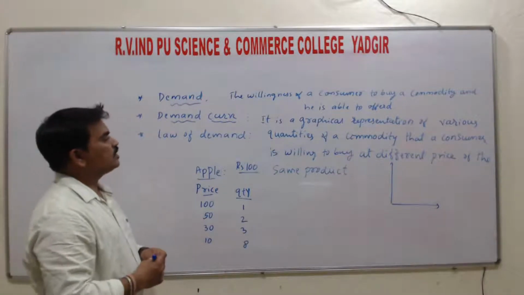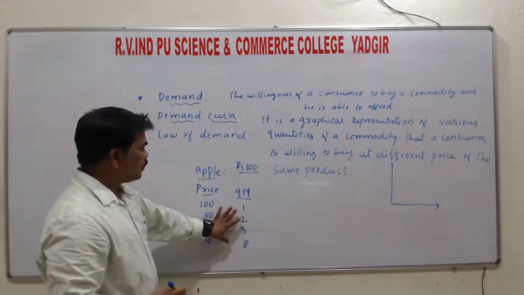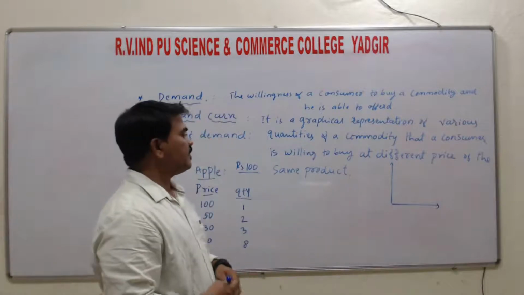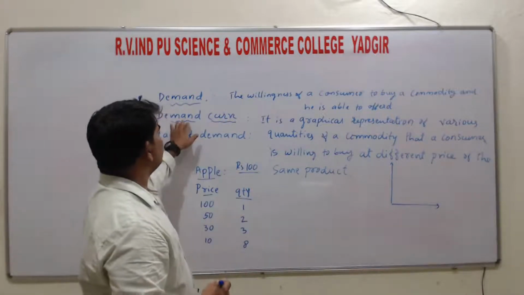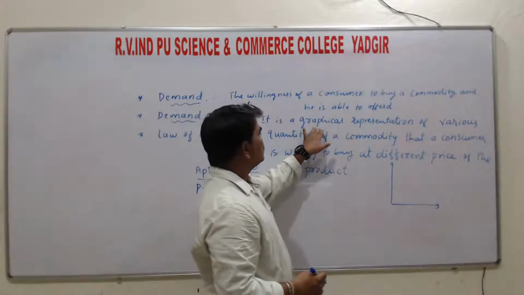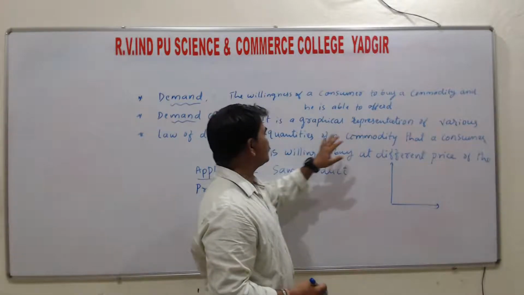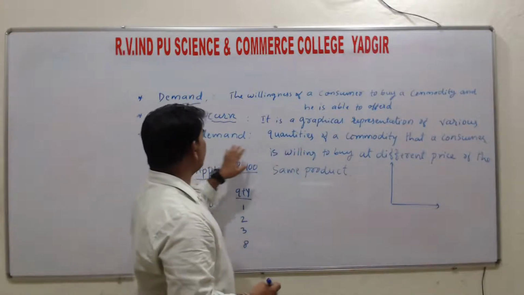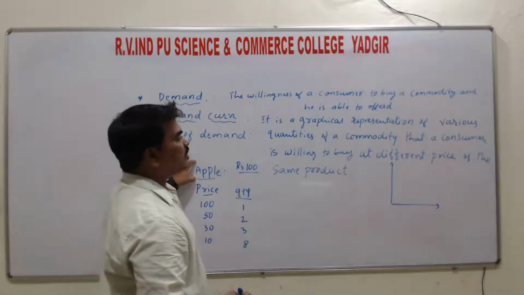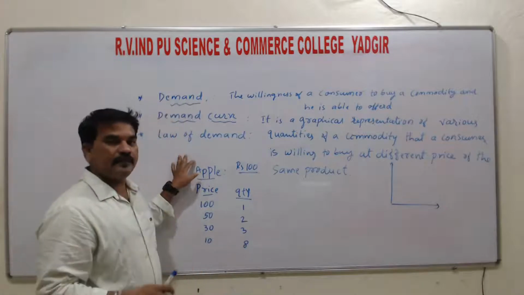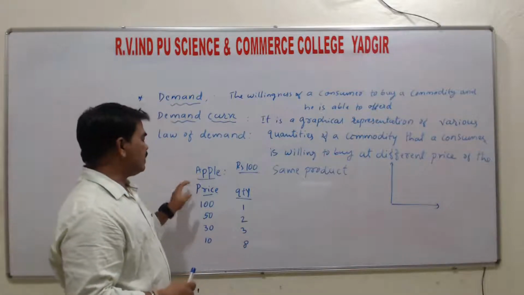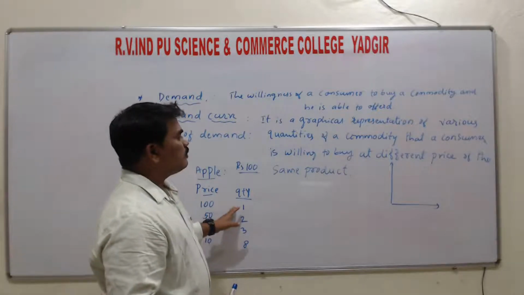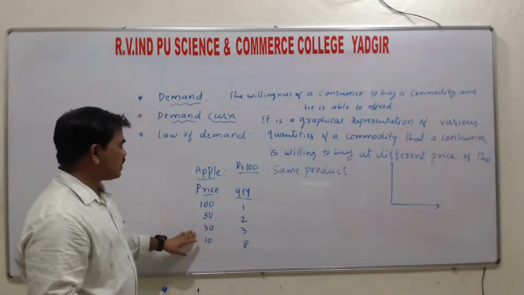So with this, if we represent these numbers in a graphical way, we can say that it's a demand curve. It is a graphical representation of various quantities of a commodity, apple, that a consumer is willing to buy. What is my willingness to buy this apple at a different price of the same product?